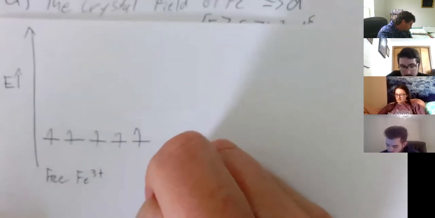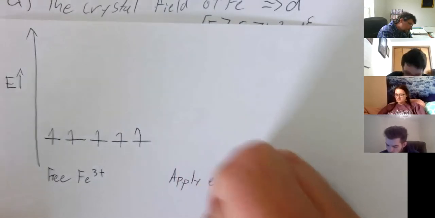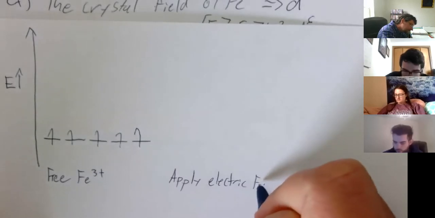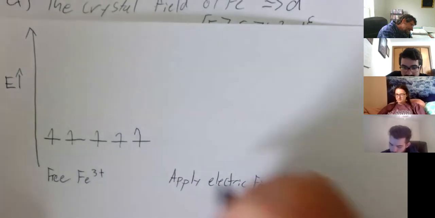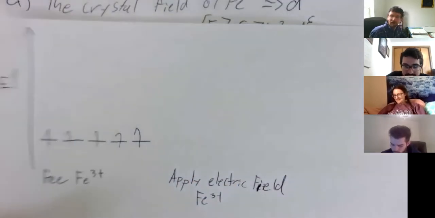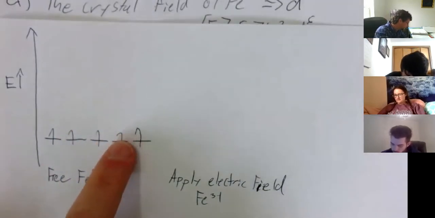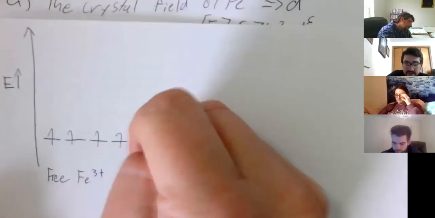Now, what we're going to do is apply an electric field to the Fe3+. As we apply that electric field, what's going to happen to the energy of these orbitals? It'll increase.